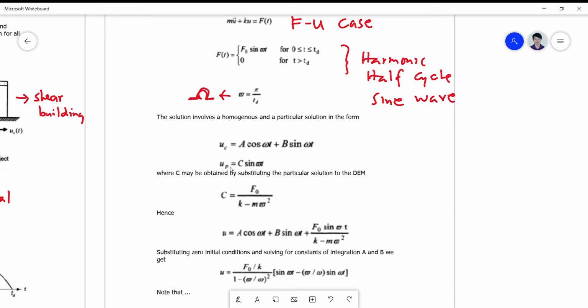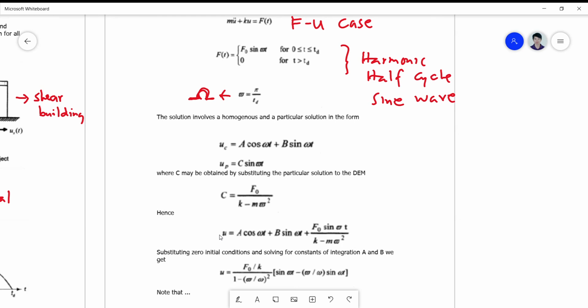If we substitute this as a solution to this DEM here, we can obtain the value of your coefficient C to be equal to this one. So I'd like you to recall your procedure on how to do it in advanced mathematics.